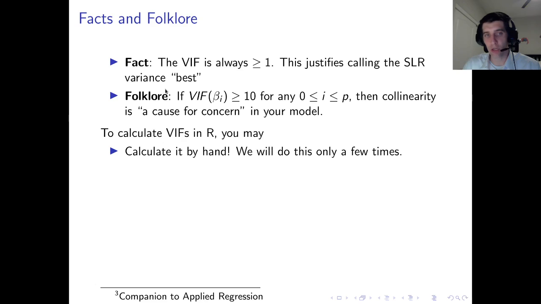Some folklore here is that if the VIF of one of your coefficients is greater than or equal to 10, okay, so if any of your predictors has a VIF greater than 10, then collinearity is a cause for concern. Okay, I call this folklore not because I intend to actively undermine it, but I kind of do. This is tradition.